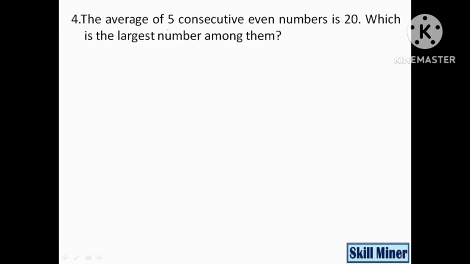The average of 5 consecutive even numbers is 20, which is the largest number among them. It is given that the average of 5 consecutive, which means they are coming next to next.